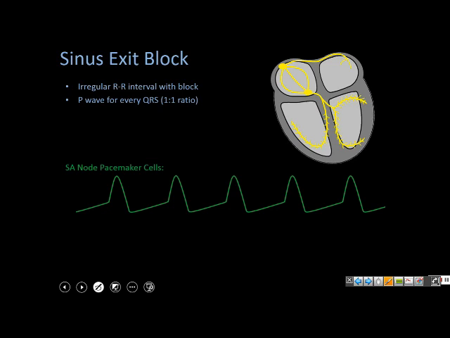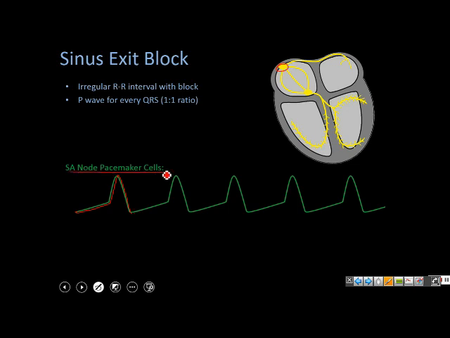Sinus exit block. Sinus exit block is when the cells of the SA node are blocked internally and it prevents a heartbeat from occurring. I'm just going to give you an example here. This is drawn in green here. These are the action potentials of those pacemaker cells.